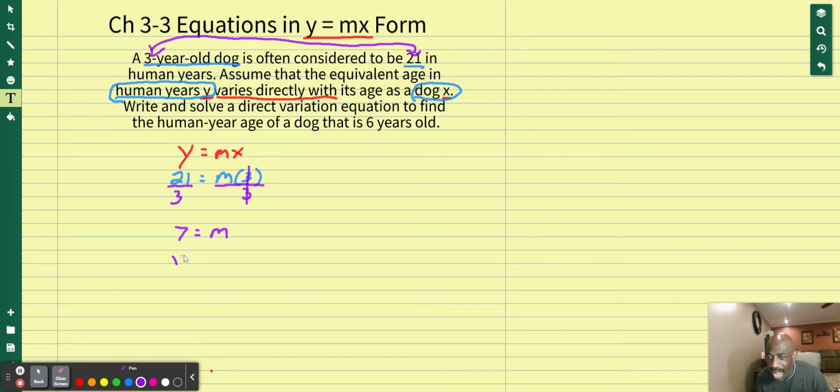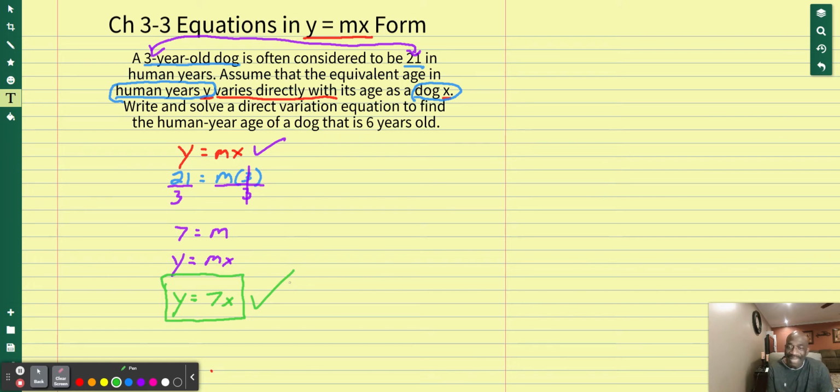Instead of writing y equals mx like we had up here, I want us to replace the m with 7. Y equals 7x. This is the direct variation equation. That's the first part of our answer.